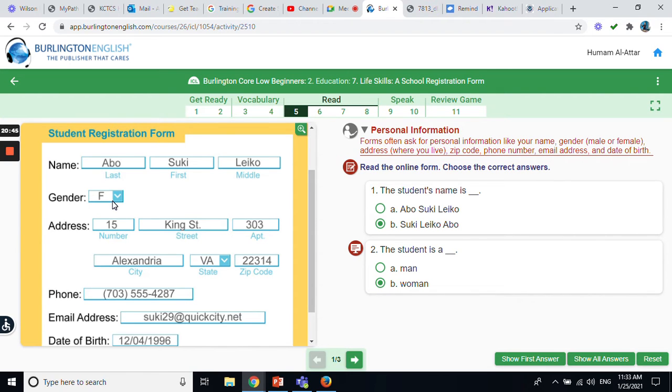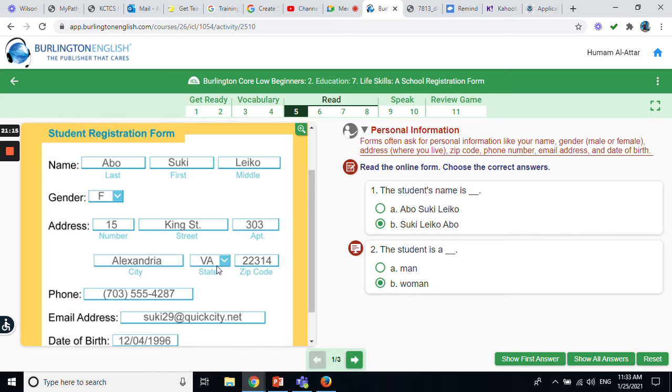Is a woman because we have F. Usually, when you fill out a form online and you see this square with this arrow pointing down, that means if you click on this arrow, there will be a list that would go down so you can choose from. So if you click on this, you'll see F and M. Depending on your gender, you can choose the answer.